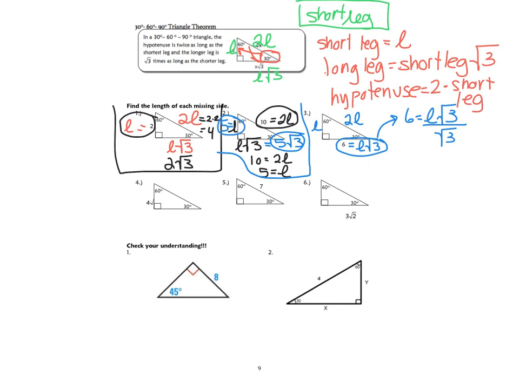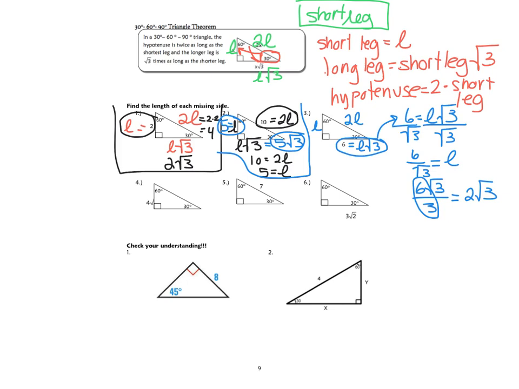I divide both sides by the square root of 3, and I see that 6 divided by square root of 3 is what L equals. Let's rationalize it. If you want to multiply top and bottom by square root of 3 over square root of 3, that's fine. Or shortcut: 6, the radical comes up top and the 3 gets released. These two can be simplified, so it's 2 square roots of 3, and that's what L is.